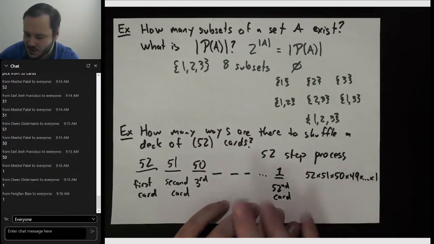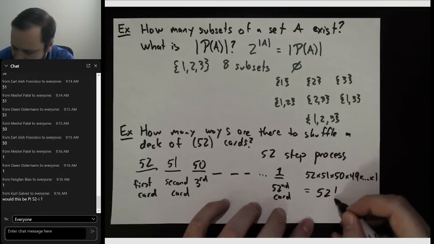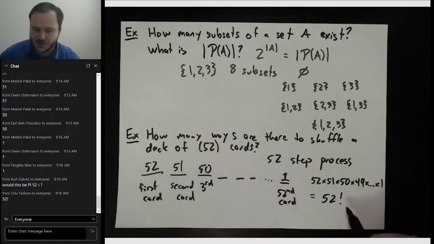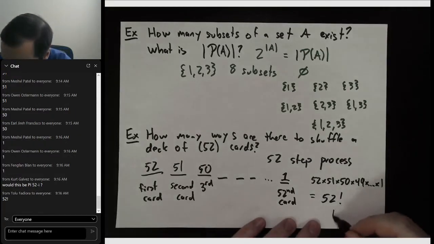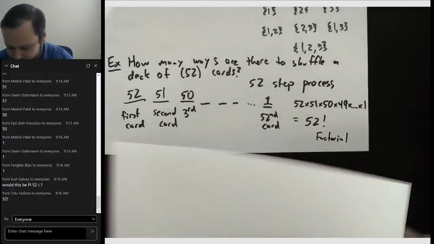And as we've mentioned, we have a special name for this. This is 52 factorial. This exclamation point is pronounced factorial. So let's define that formally.